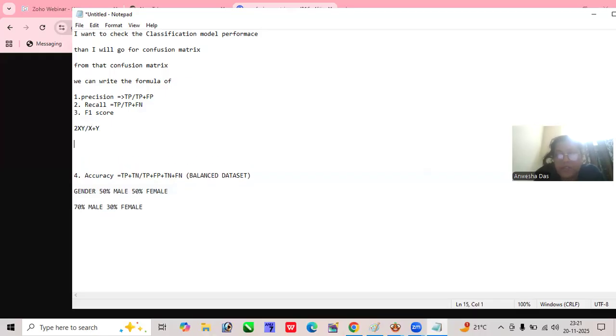Now the F1 score formula came from here. Here the formula is 2 into precision into recall by precision plus recall.